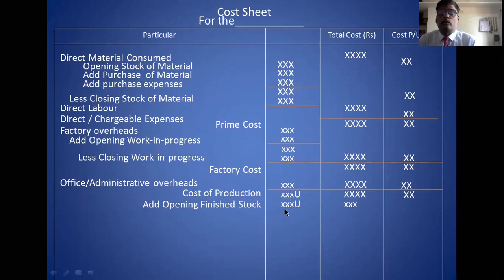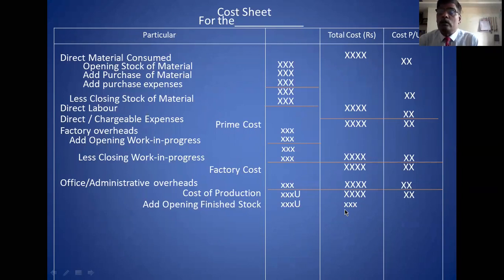Let us consider your opening stock units are 100. Okay. 100 units are there. For that 100 units, sometimes they will give you the value. That value is 10,000. You write 100 in the inner column. In the total column, you write 10,000.